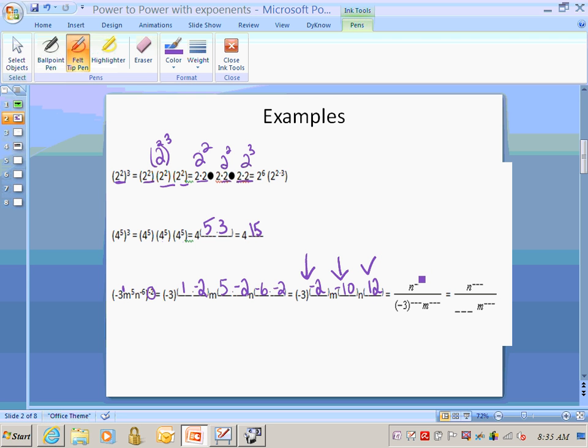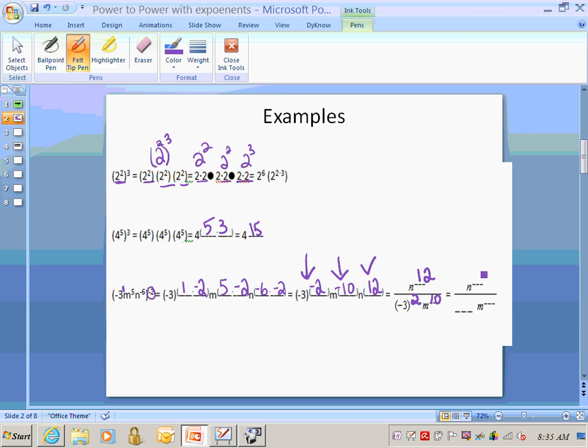So on the top I have n to the 12th. On the bottom I have negative 3 to the negative 2? Or negative 12. Positive 2. Think about your rules. When you do the reciprocal, it changes the sign, right? M to the 10th.